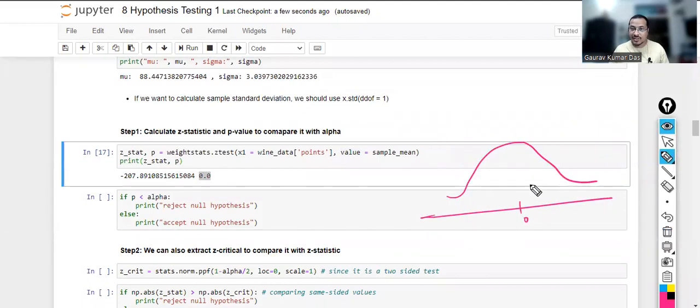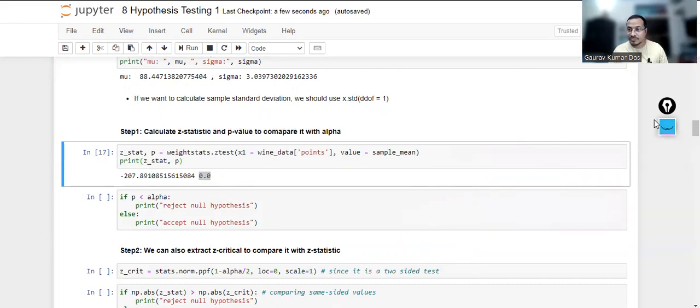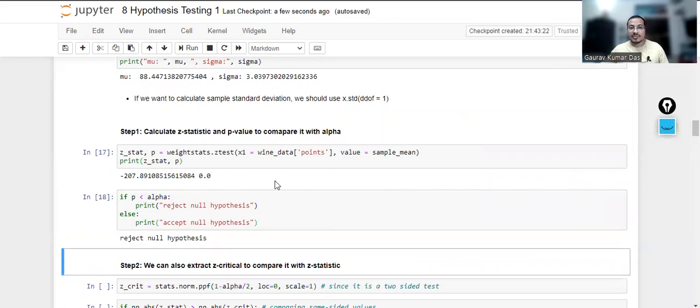Z mean is 0, -207 is extreme, and this is where my p-value is lying, right? This is my p-value, whereas my alpha is much bigger, 0.05. This is much smaller, almost zero, negligible, right? So it's falling in the rejection region. So my null hypothesis will be rejected.